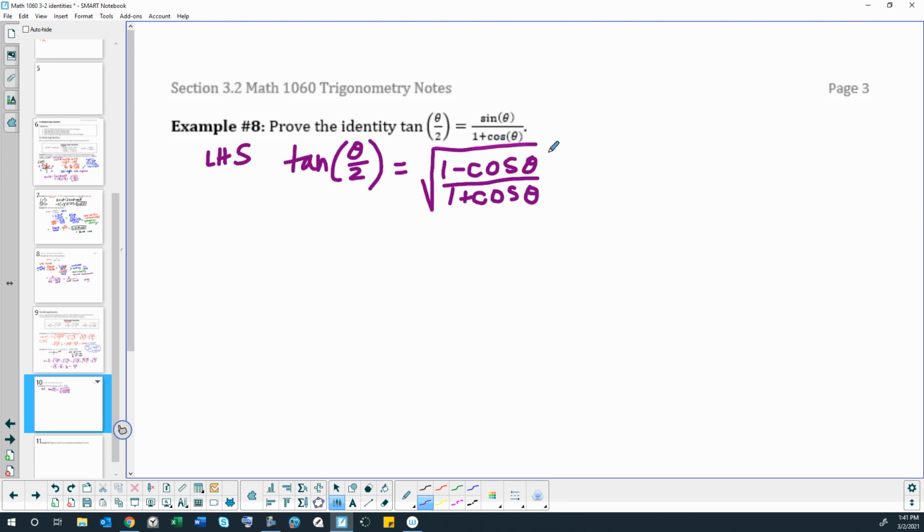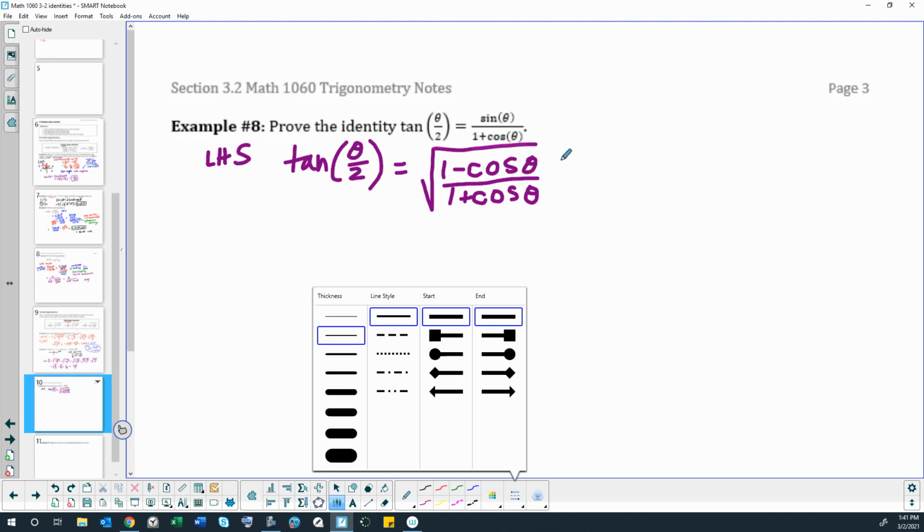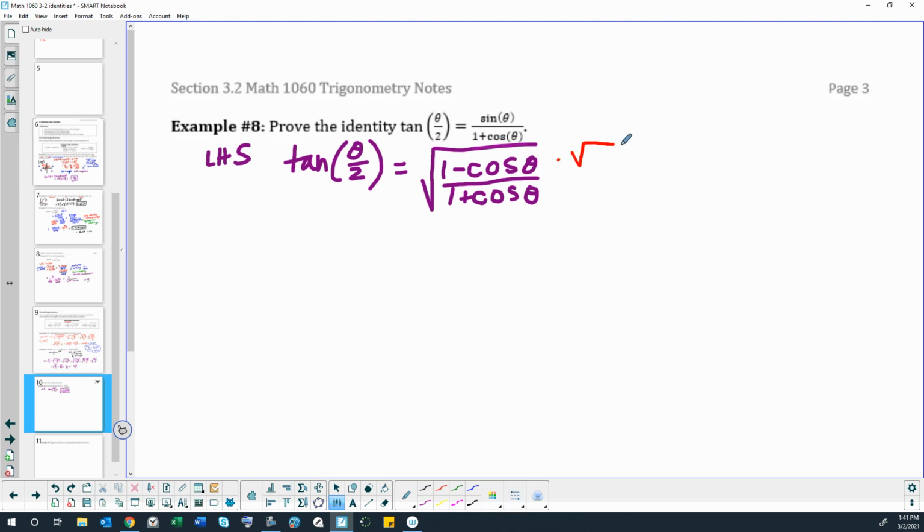Okay, so let's go ahead and rationalize this, shall we? To rationalize it, I'm going to multiply both the numerator and the denominator by 1 plus cosine theta.